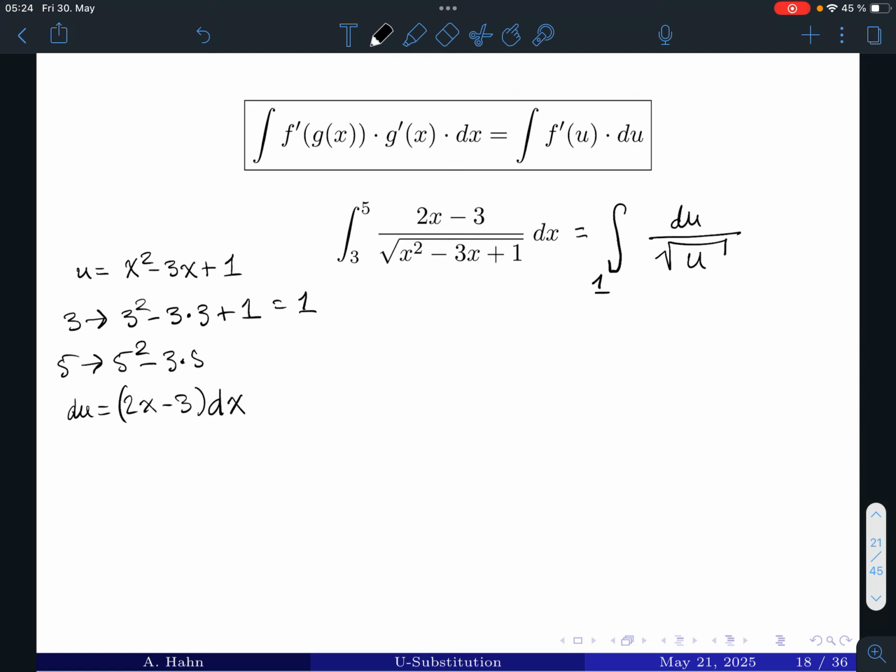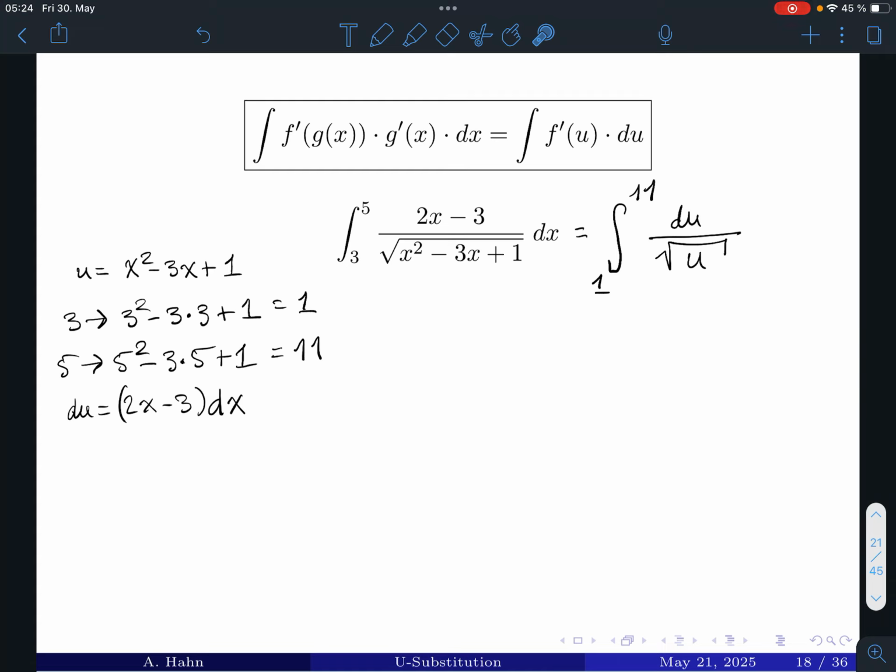We're going to put that on our lower bound. Then the 5 gets turned into 5 squared minus 3 times 5 plus 1. This is 25 minus 15 is 10, plus 1 is 11. So our upper bound, 5, gets turned into an 11.